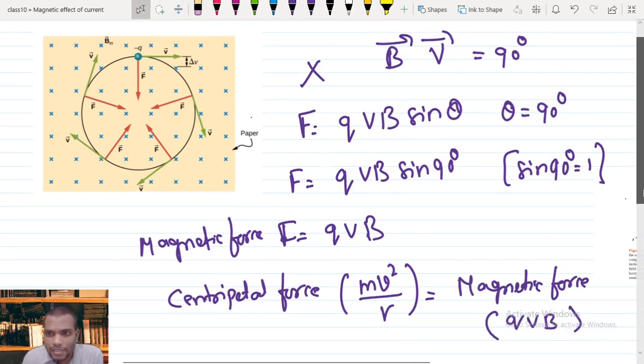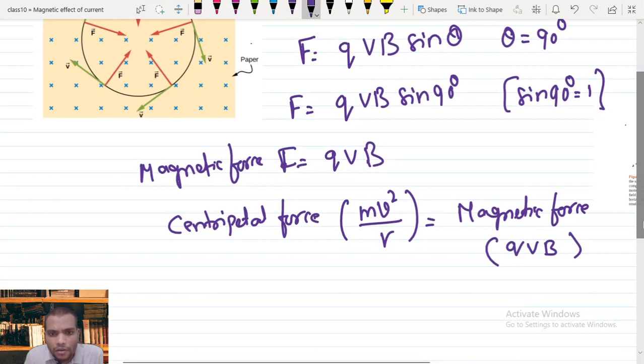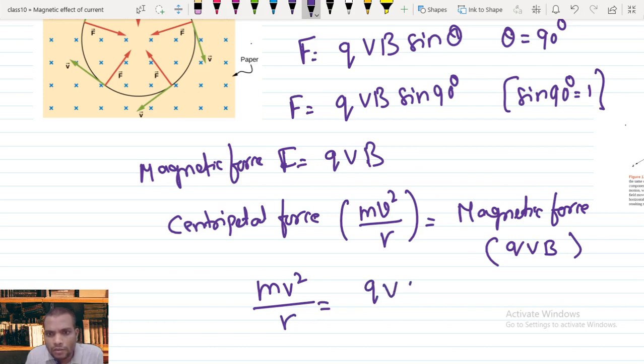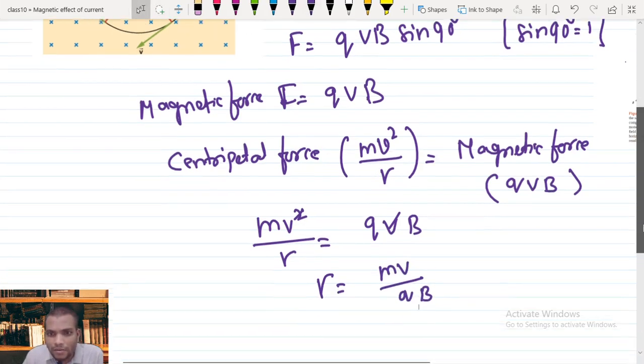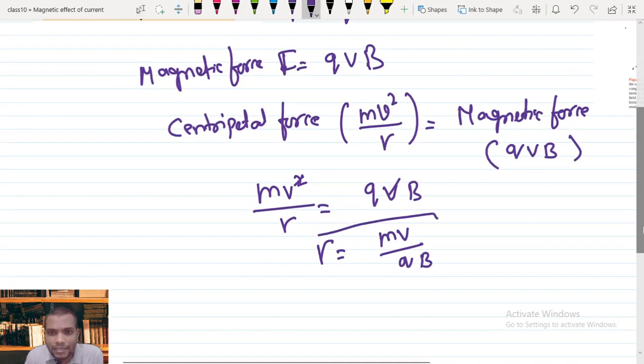Now from this expression, if I cancel like terms, mv square by r equals QVB, here the velocity is a common factor on both sides. Now we get the expression for r equals mv upon QB. So this is the expression for the radius of the circle.